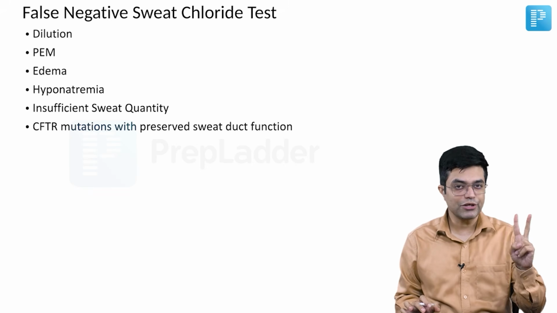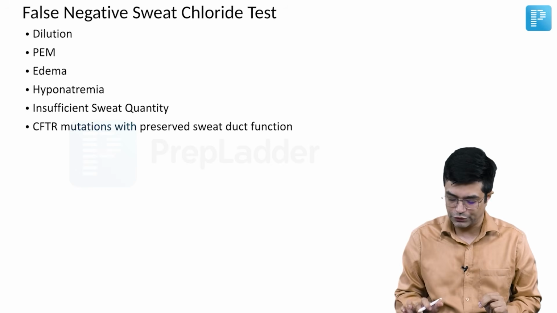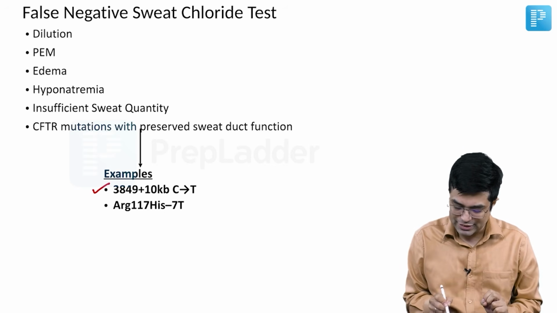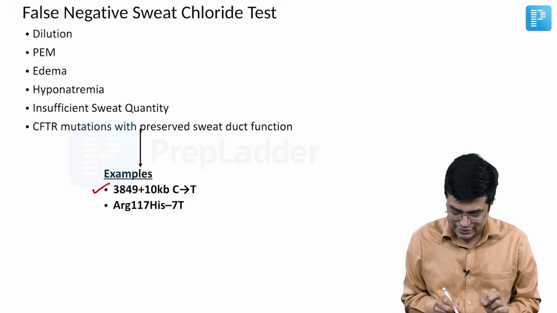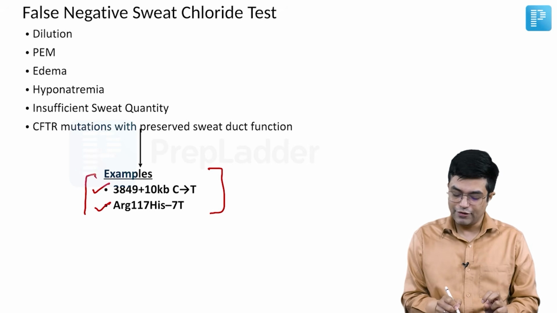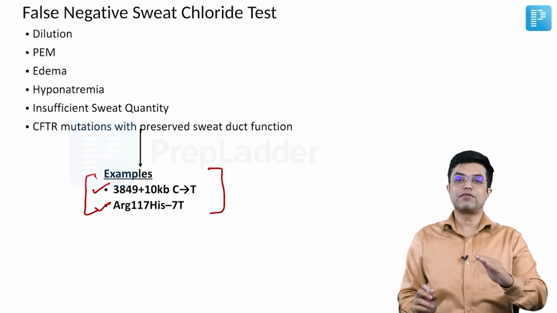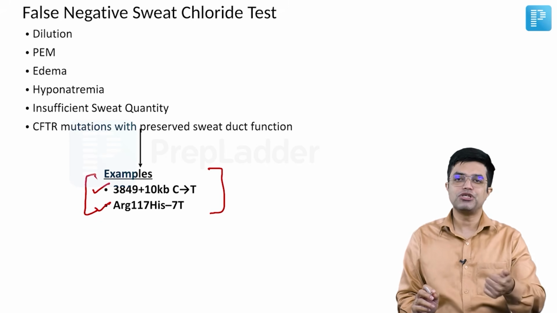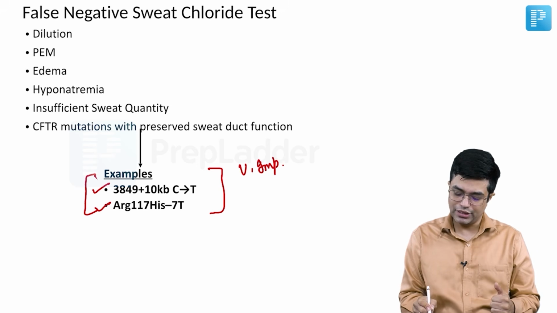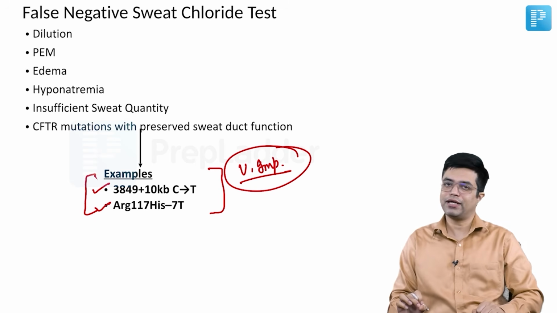There are two mutations that you need to remember, very important from the NEET SS as well as INI SS point of view. First is the 3849 plus 10 kb C to T mutation, and second is the R117H mutation. These are the two mutations where there will be a false negative sweat chloride test. That is, sweat duct function will be preserved, but the patient will still have cystic fibrosis. This is very, very important. Please mention it. If you are reading directly from Nelson, take a sticky note and attach it there itself.